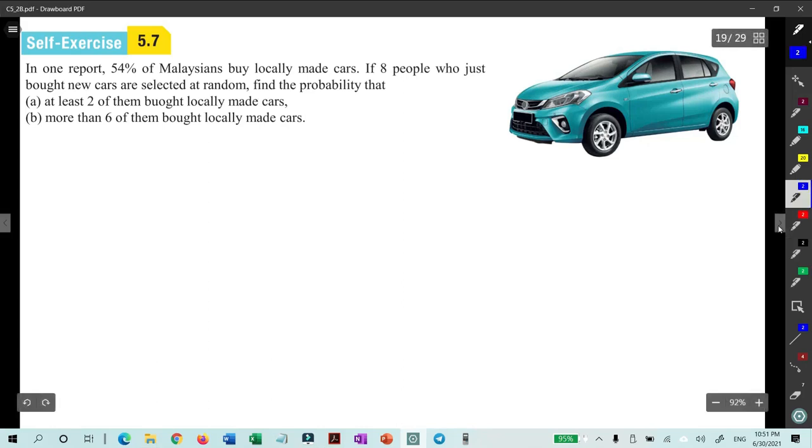So in this case, the value of P is equal to 0.54. So therefore, the value of Q is 0.46. And the value of N is equal to 8.